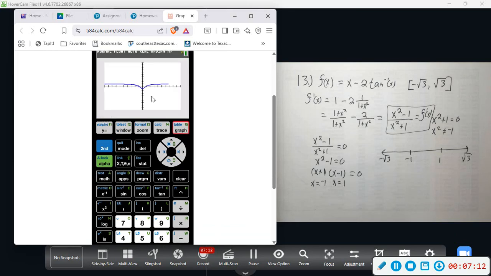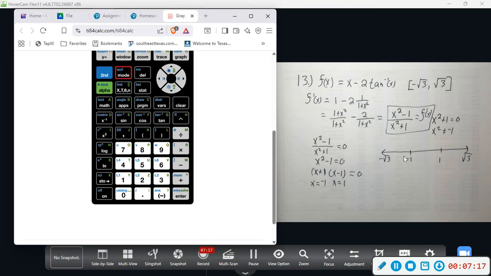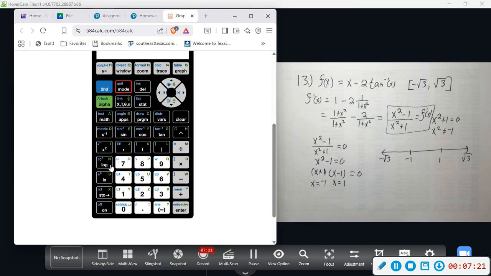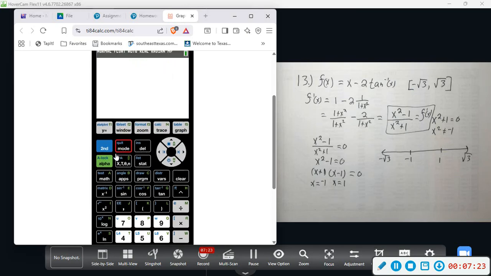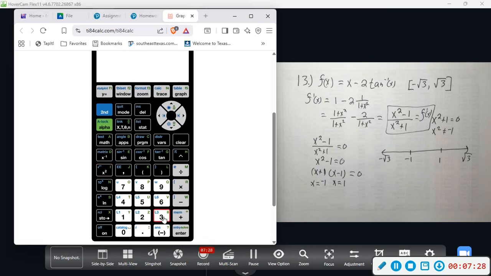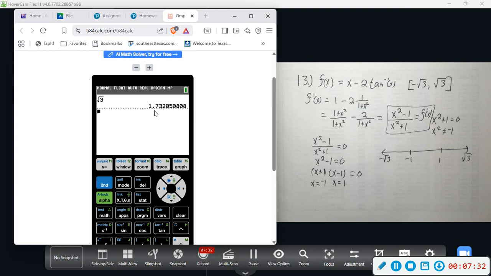We can graph it. I'll come back to this in just a moment. I'm going to go to the home screen and just find the exact decimal point so I can pick a precise number between here. So if I look at the square root of 3, it's 1.7.